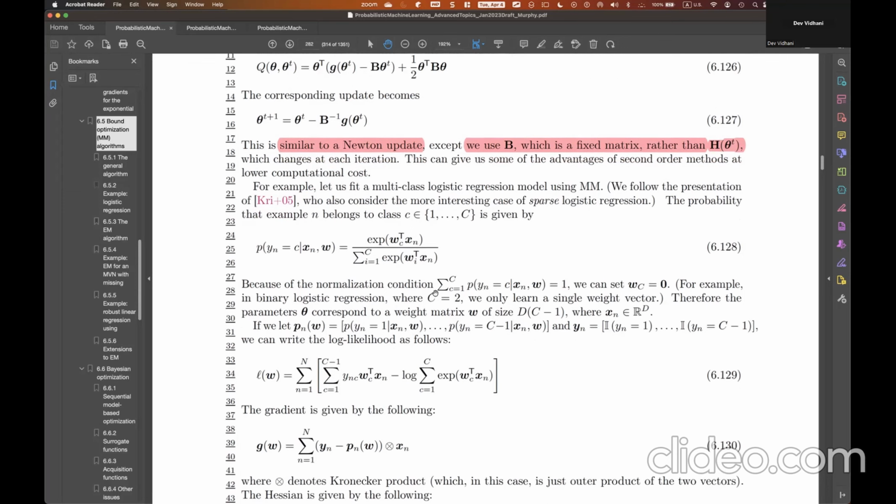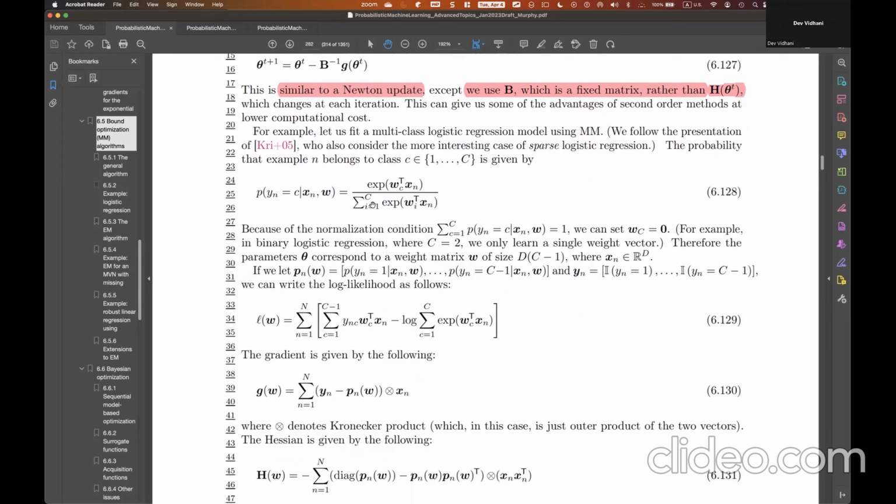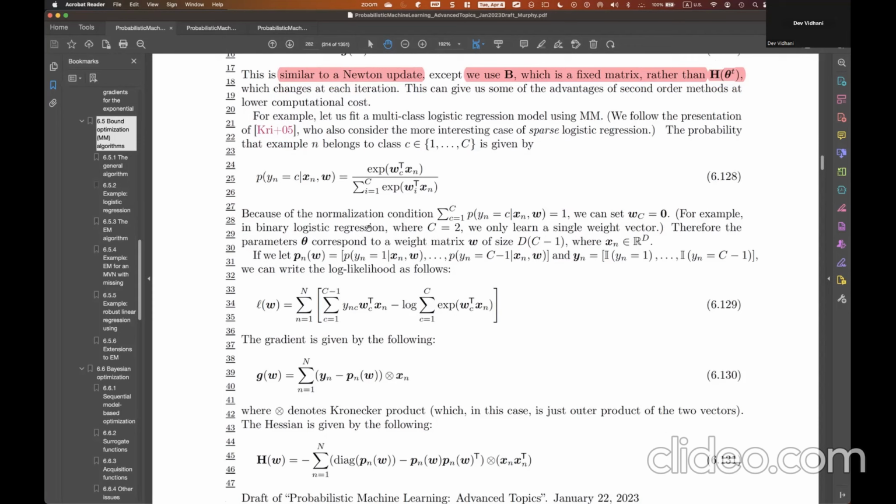This is an example of logistic regression. We're looking at an n-class example where you have classes 1 to C, and the probability that your nth element is y given your input x_n and the weights. This is the probability assigned for that, and this is the binary case. In this case there are C classes.